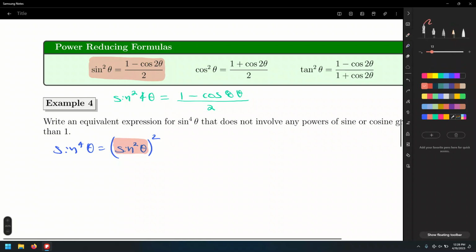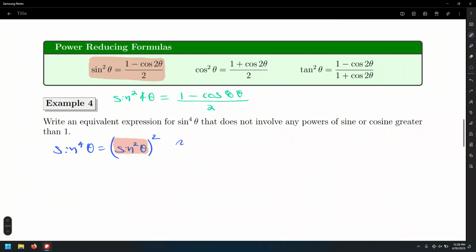Sine squared becomes 1 minus cosine 2 theta, the whole thing divided by 2, quantity squared.